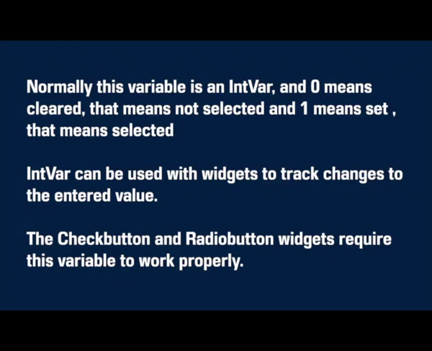Normally, this variable is an IntVar, and 0 means cleared, that means not selected, and 1 means set, that means selected. IntVar can be used with the widgets to track changes to the entered value. The check button and radio button widgets require these variables to work properly. Watch how to use IntVar to track the status of a variable.